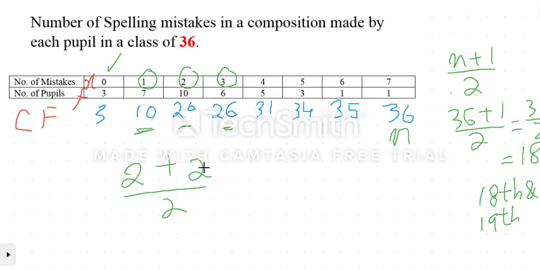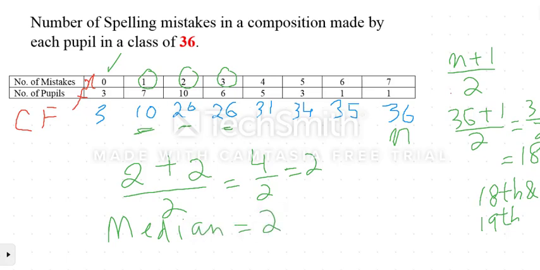We add them and always divide by 2, because they are 2 numbers. It will be 4 divided by 2, which is 2. Therefore the median is 2 in this frequency table.